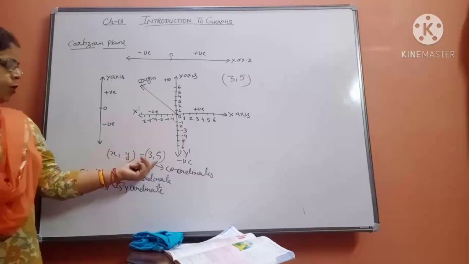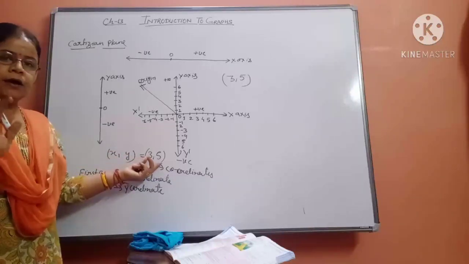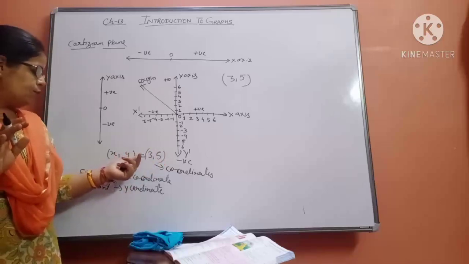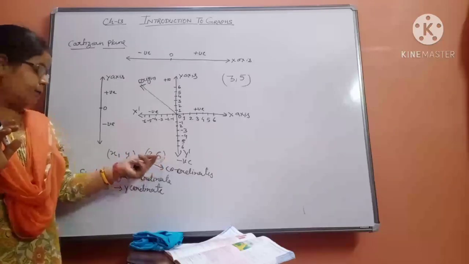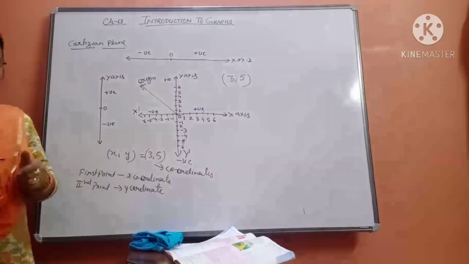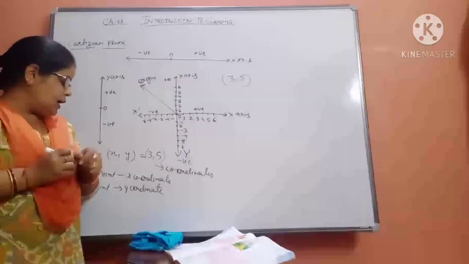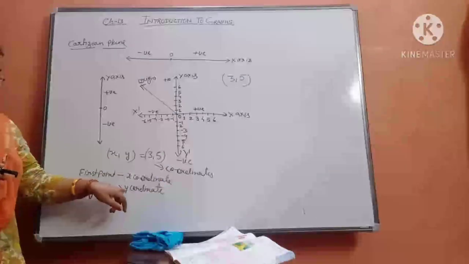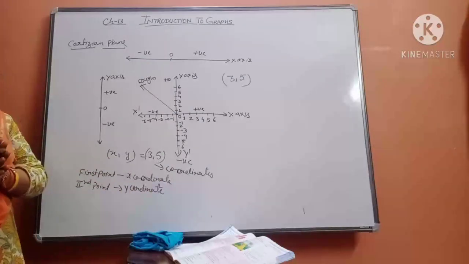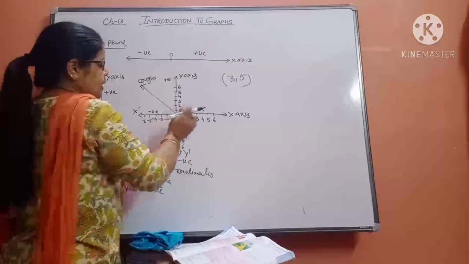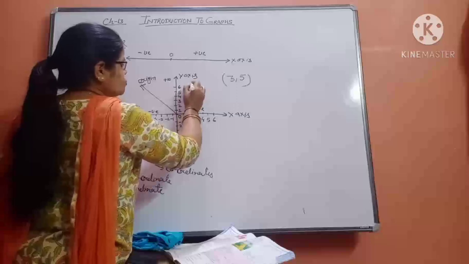Then the coordinates are always written in an ordered pair like x, y, and here suppose x, y is 3, 5. The first number given in the ordered pair is known as the x coordinate, and the second is known as the y coordinate, okay. Here you can see this is known as the first quadrant.